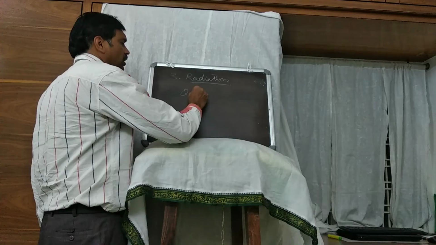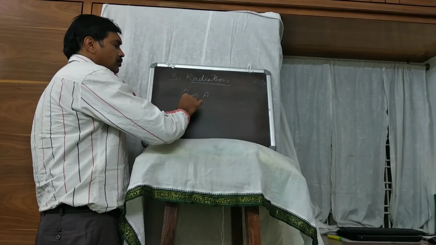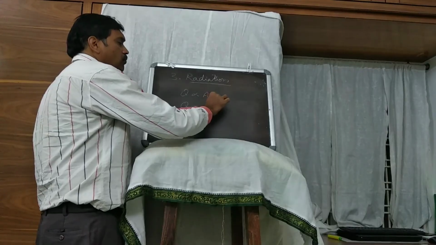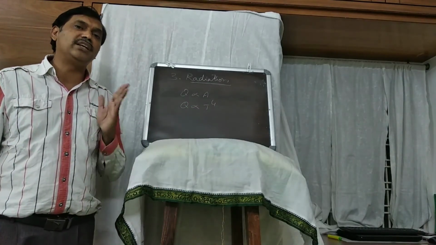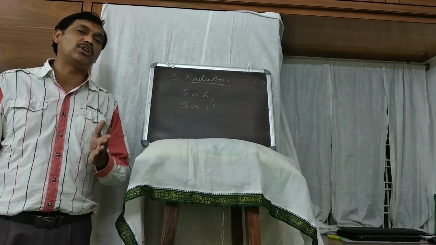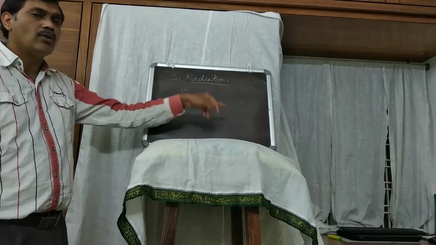Q is directly proportional to area, and also directly proportional to the fourth power of its absolute temperature, that is T power 4.